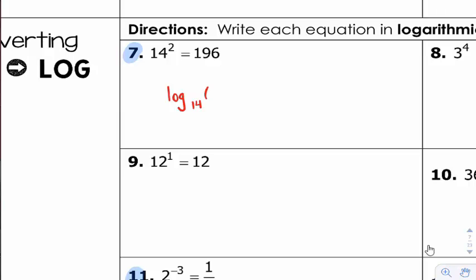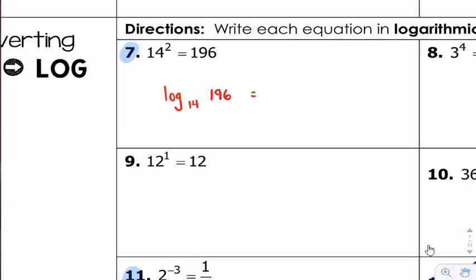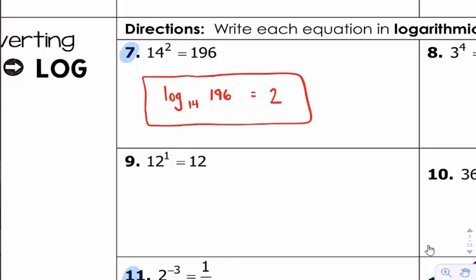Now, remember you have an input and you have an output. The input of the log now comes from the output of the exponential function. So that'd be 196. The output of the log comes from the input of the exponential function, which is 2. There's number 7.